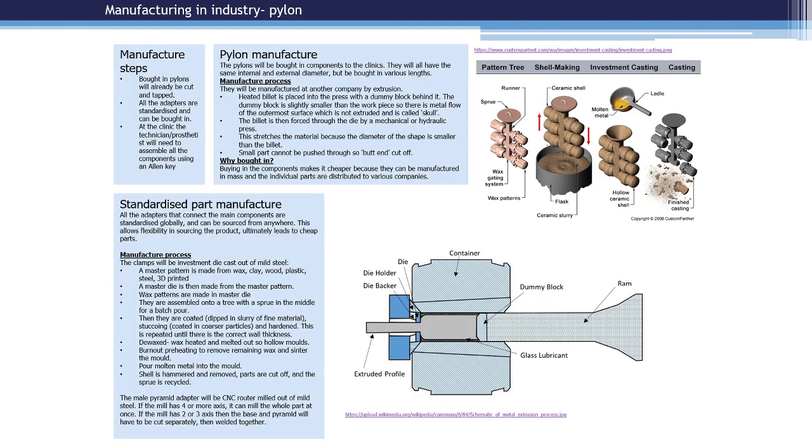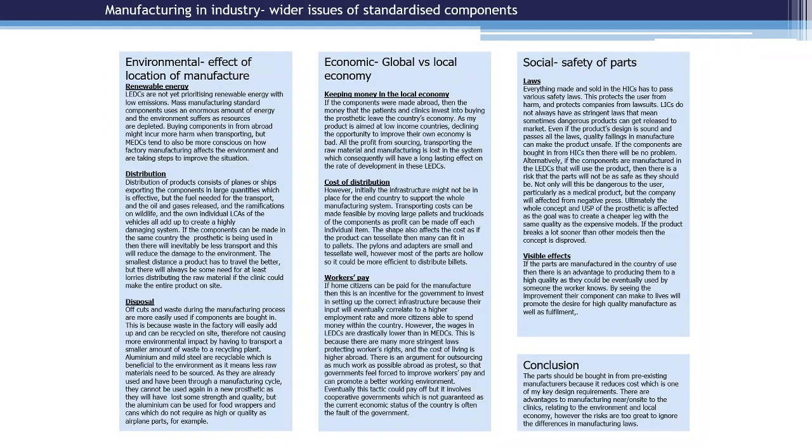We then look at the pylon, and there's some detail about how the pylon may be manufactured. So looking at investment casting for the pylon, there are different options depending on obviously what you've done and how you've designed your product. So there may be here options in terms of this is one option, but this is also a suitable option as well. Talking about standardized manufacture, the moment you're doing that, you're reducing the costs. Again, then, as I said, there's an opportunity to bring in wider issues.